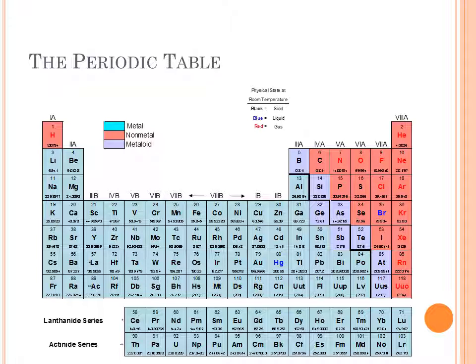Gallium and cesium are sometimes thought of as liquids, but they actually will melt slightly above 25 degrees Celsius. So these are states at 25 degrees Celsius. This has been a brief tutorial on the periodic chart.